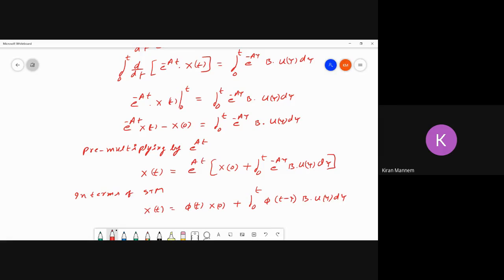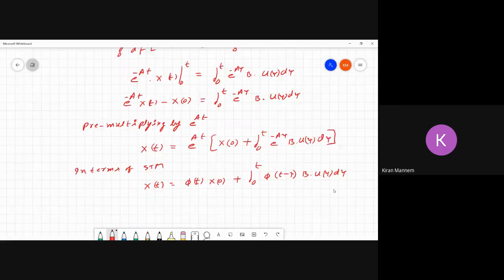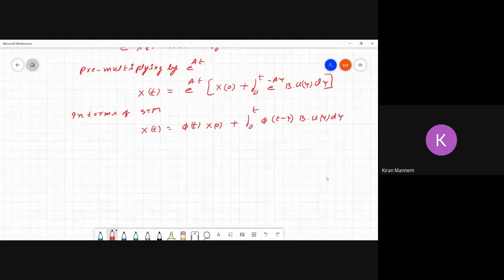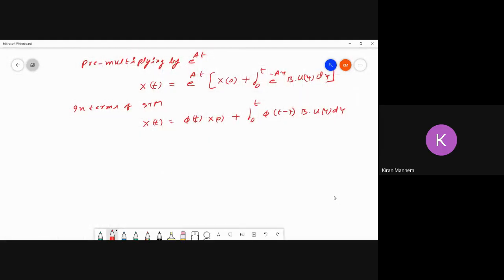So this is how you can find the solution of the non-homogeneous equation. Okay. So this is about the solution of the homogeneous and non-homogeneous equations and the definition of the state transition matrix.